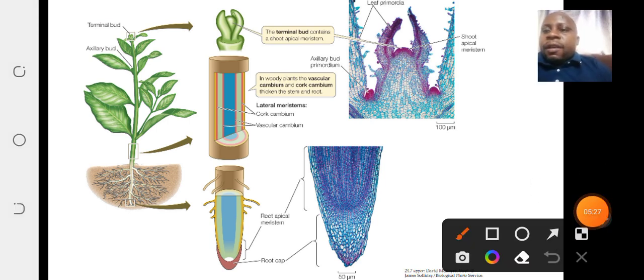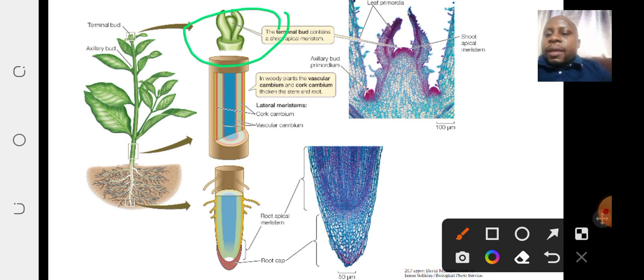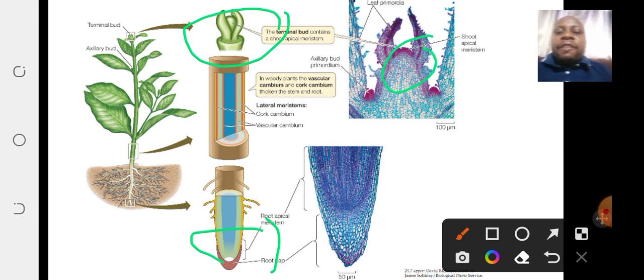We have the apical meristems occurring at the shoot tip and the root tip. At the shoot tip, we have some undifferentiated cells which are capable of dividing mitotically. This is what forms the apical meristems. Also, at the root here, we also have the apical meristems.